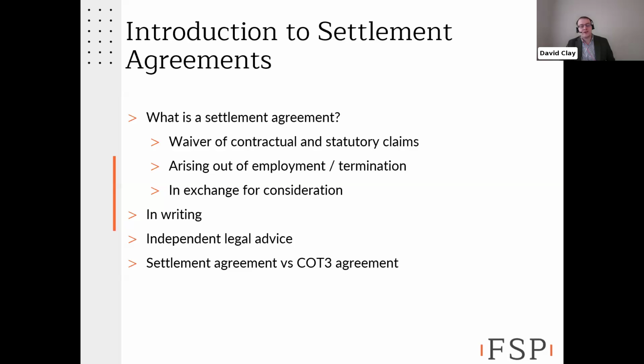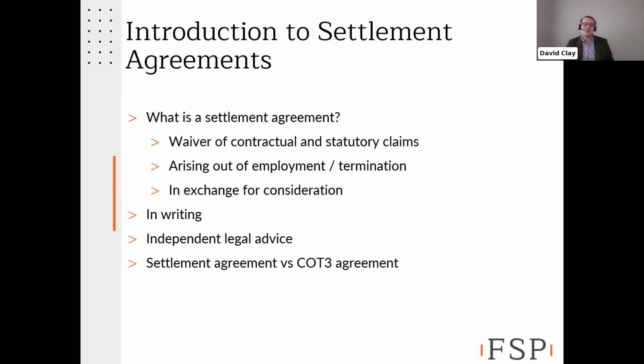Just the final point on that slide then, settlement agreement versus COT3 agreement. So you may or may not have heard of COT3 agreements. They are effectively a shorter form of settlement agreement. So you don't get as much of the detail that you would include in the standard long form settlement agreement, but as I say, they are typically a shorter form document that can be used to agree a settlement.